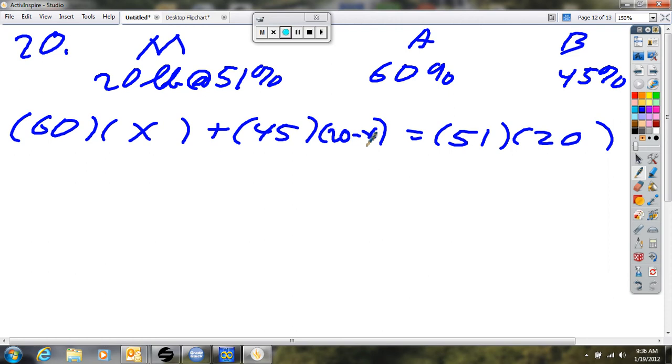Okay, if they give us the total amount here, and they don't give us either one of these, this is when you have to teach yourself what to do. You put the X here, how do I find this one? It's the total minus X. Every time, that number goes first, and then it's minus X here.